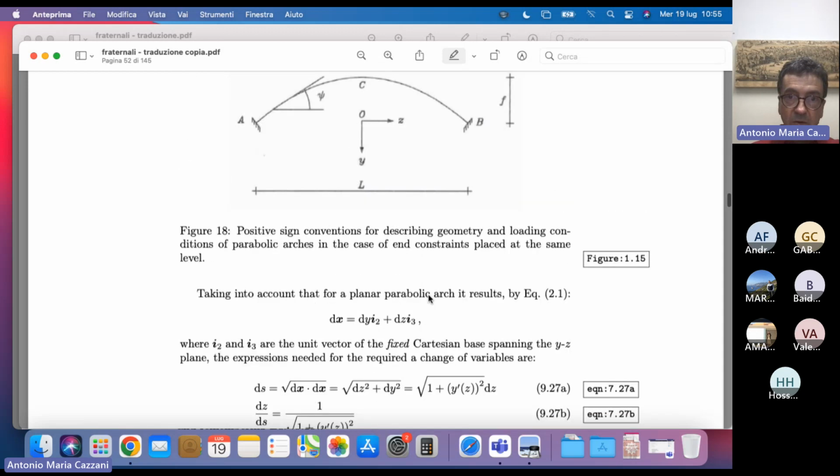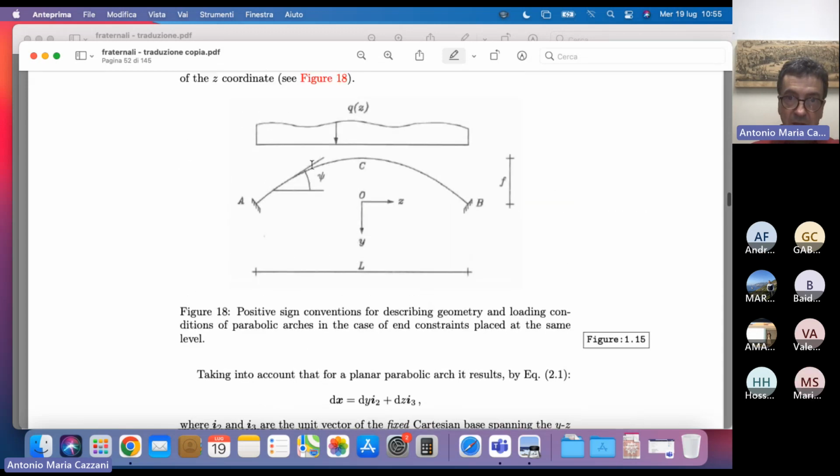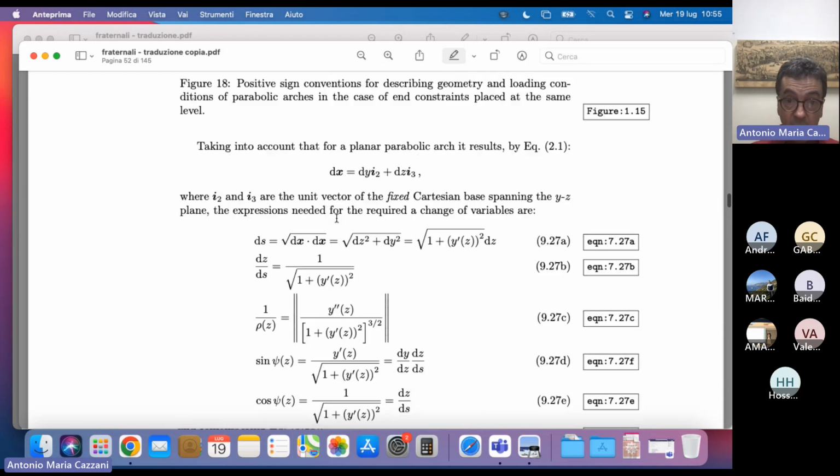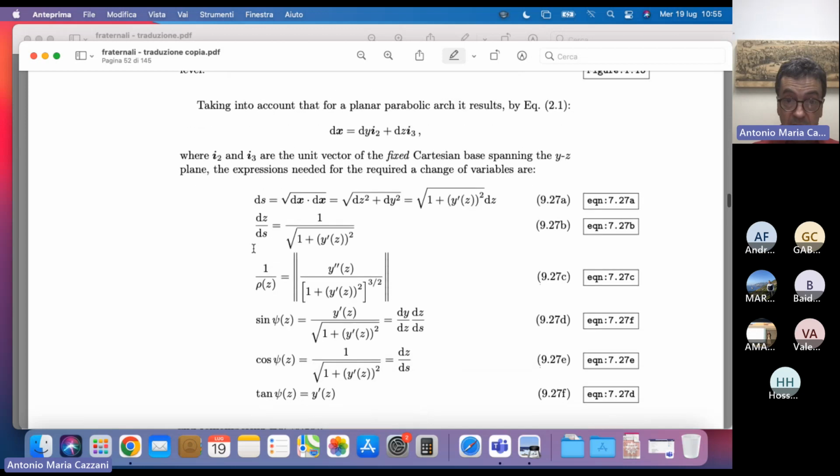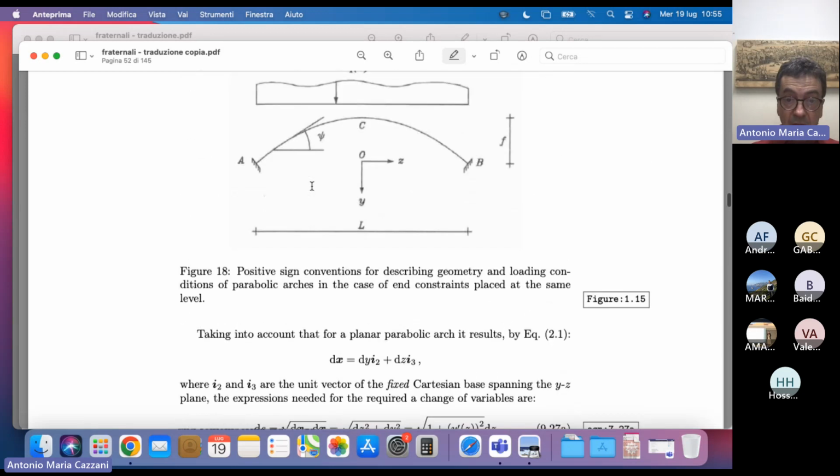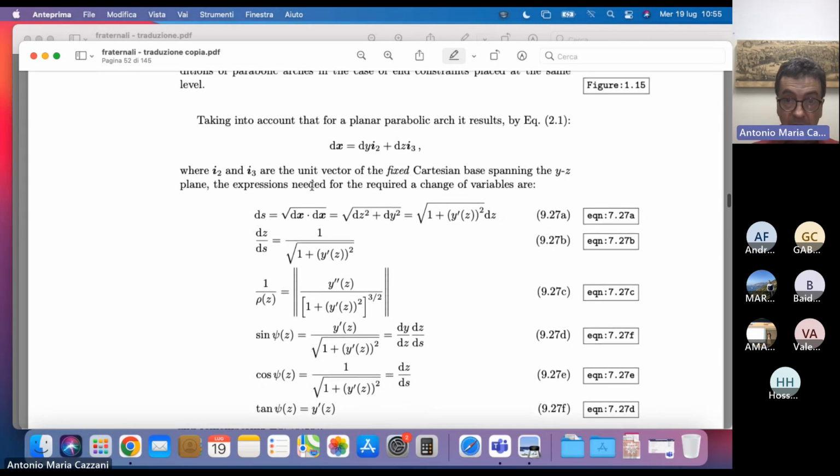So if we now call psi the angle formed by the tangent to the axis line with reference to the horizontal, we can see that sine and cosine of this psi can be expressed simply by these relations. Considering that the sine of psi is dy over dz times dz over ds, instead the cosine of psi is simply dz over ds.